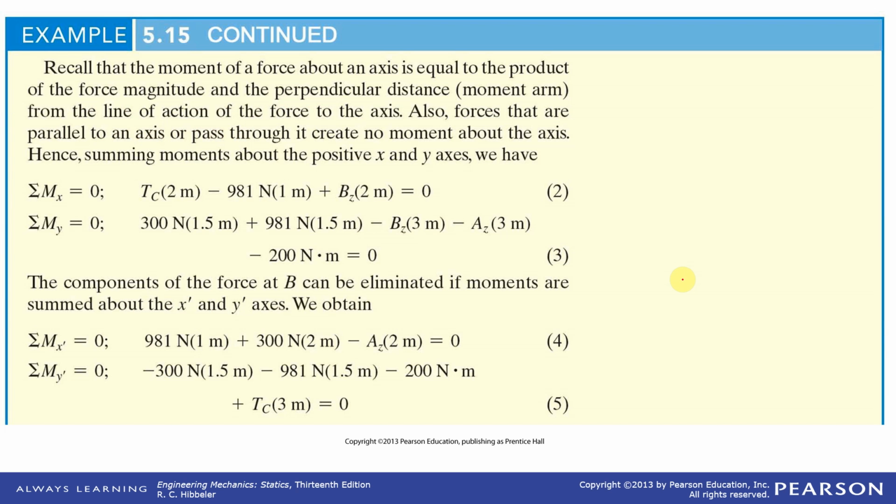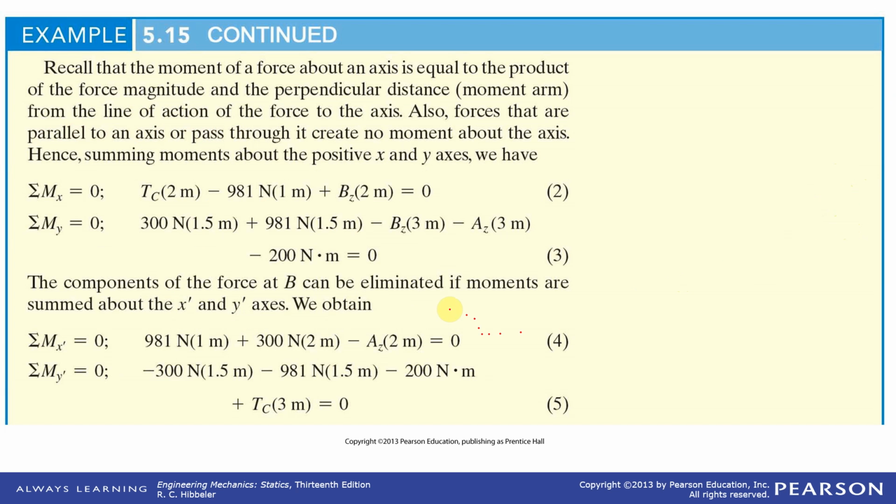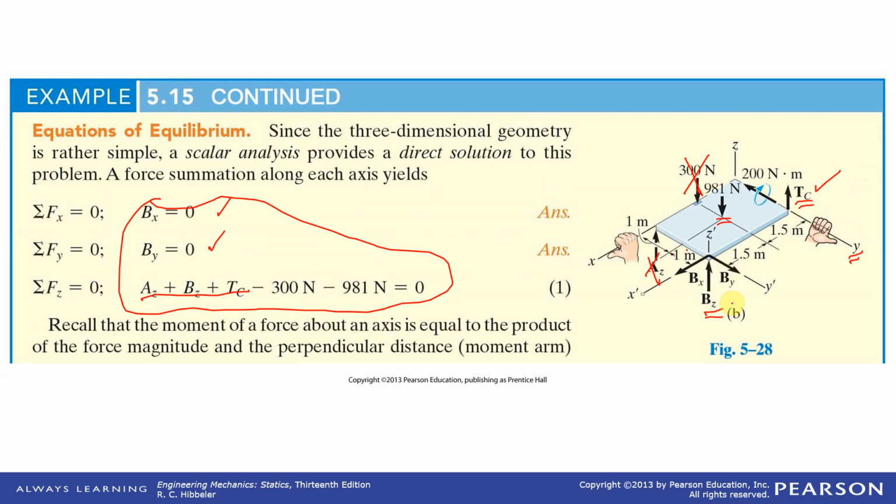So Mx: TC times 2 meters. That's the moment due to this force right here. 981 times 1 meter. Here's the 981 times 1 meter. That's this force right here. This will be a positive moment, this will be a negative moment.